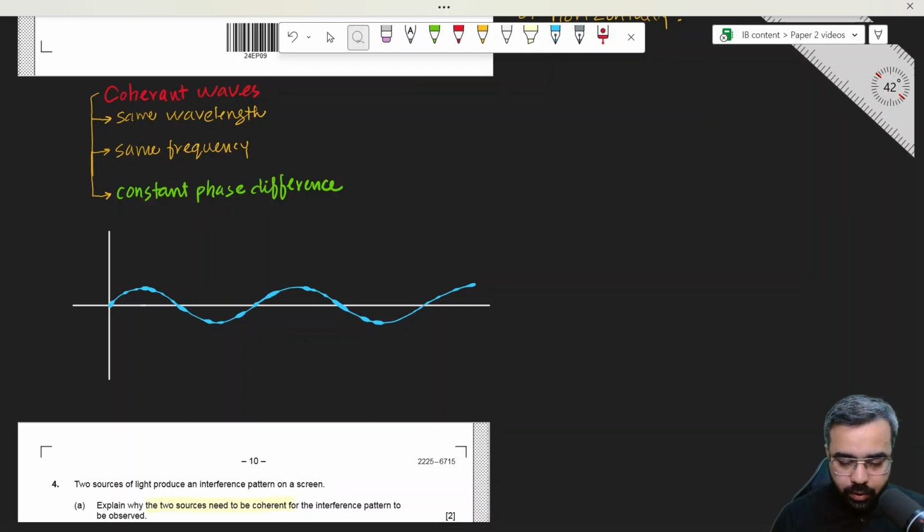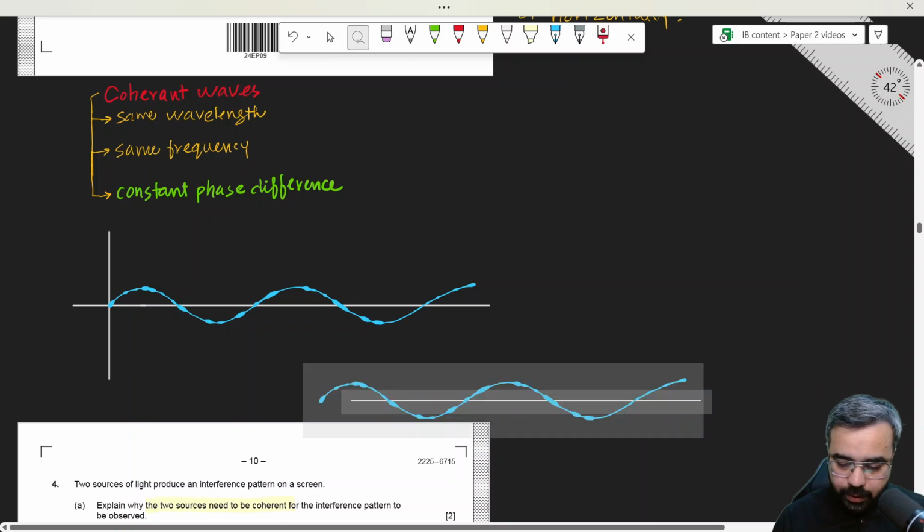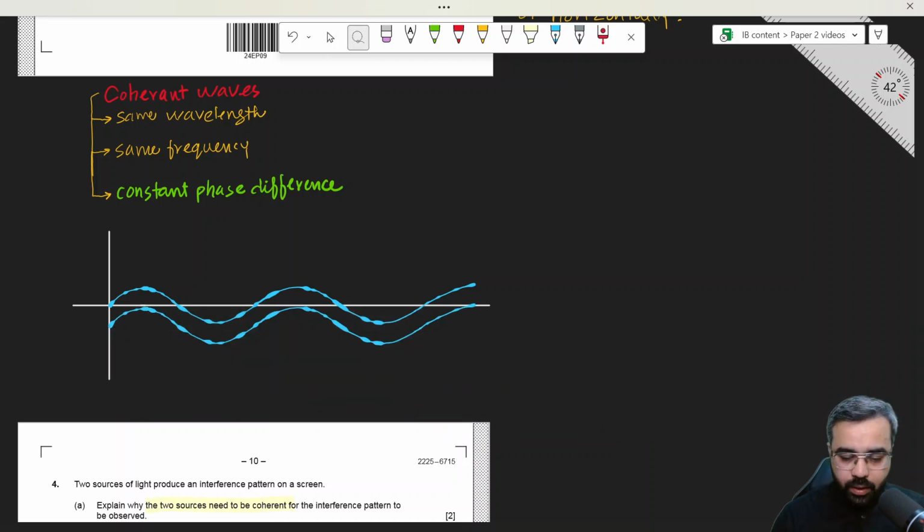So, here I am going to show you another wave, exactly this one. Right now, you see that there is no phase difference between them, and there's a constant phase difference. Right now, the phase difference between them is 0 degrees. It will remain 0 degrees wherever you go throughout the wave.